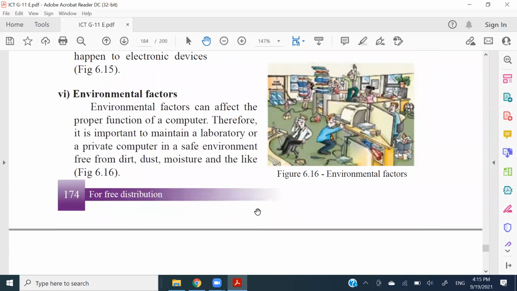Specifically when it comes to computers, they should be taken care of in a certain manner, properly maintained, dust should be avoided, right? Cobwebs should be avoided, right? It should be in a proper environment with a stable temperature, right? Those kinds of things.